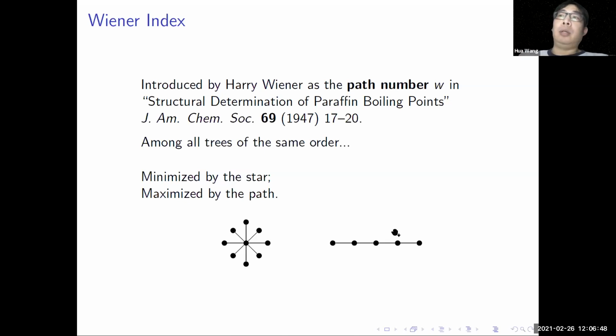And it turns out that the answer is very easy, that it is minimized by the star and maximized by the path. So even if you didn't know these definitions before, it's pretty straightforward what they are. And this is quite easy to prove, as a path is intuitively as far apart as you can pull the vertices from each other, and the star is as compact as possible to make this whole structure. So this is the starting point of this talk.